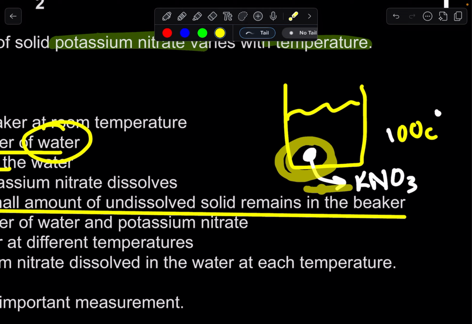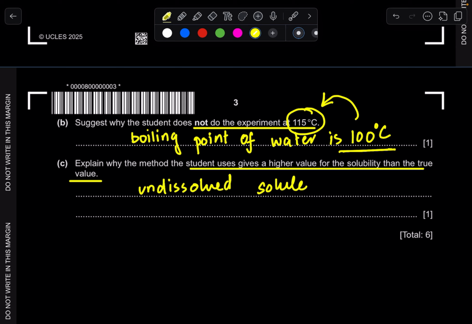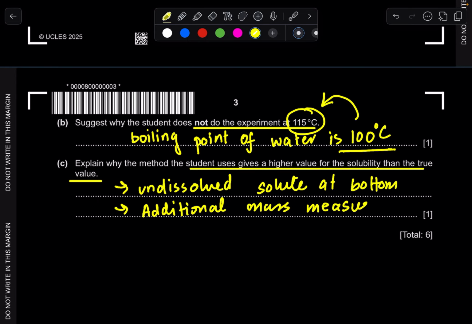The mass of this is also being measured, though this is not dissolved. So you have to tell that the reason for this is that there is some undissolved solute at the bottom whose mass is being measured. So additional mass is being measured than what's reality. Additional mass measured, even though that's not being dissolved, still the mass is being measured.